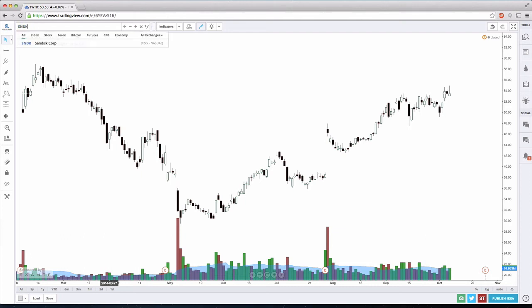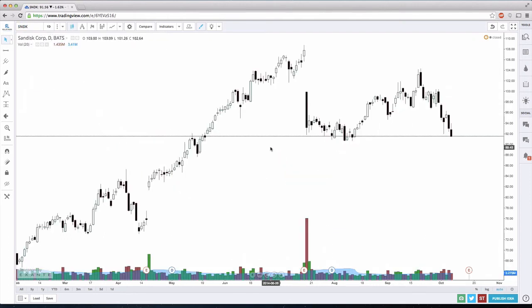Let's just hop over to my nemesis stock, SanDisk, and look what this has been doing recently. SanDisk, looking for flag patterns. Here's a stair step pattern right here. There's a stair step. There's a new white soldier. Here's also a stair step pattern.